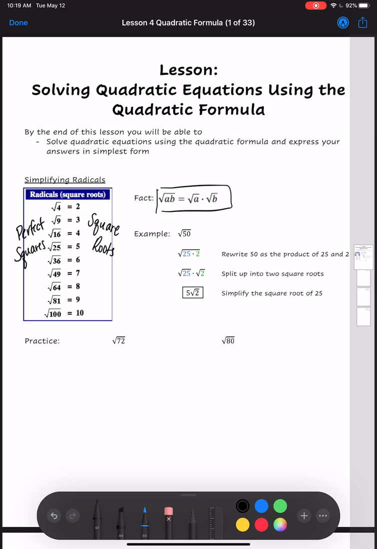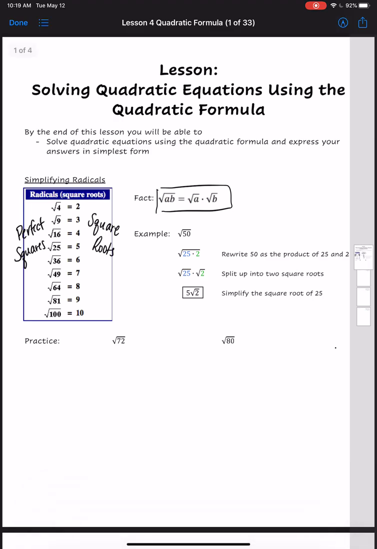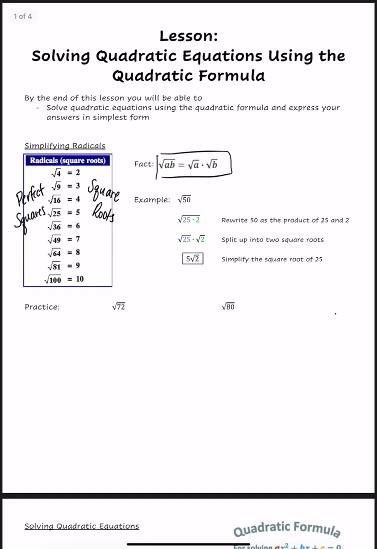So if you look at the example, we have the square root of 50, and the first step is rewrite 50 as the product of 25 and 2. So you can see here I separated it by color. You can see that 25 times 2 is 50. So we've written 50 as a product of two numbers. There's a reason why we chose 25.